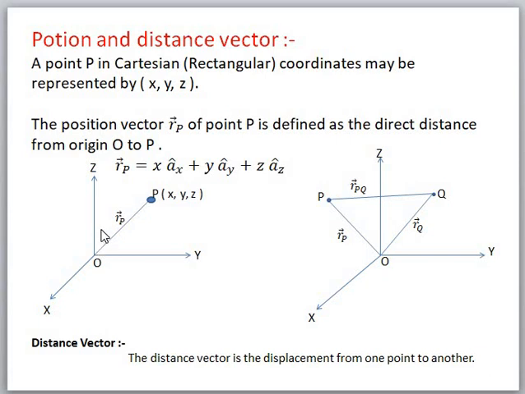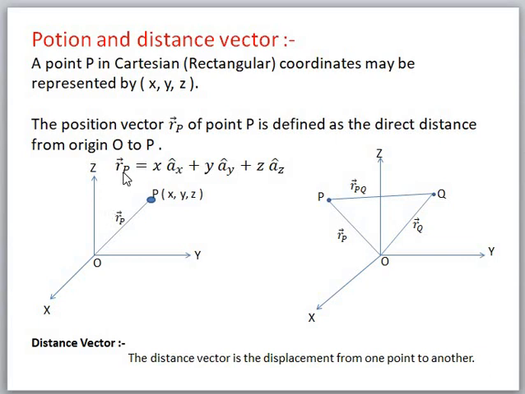The position vector of point P is defined as the distance from the origin to the considered point, origin to P. That is called the position vector, represented by vector R_P.